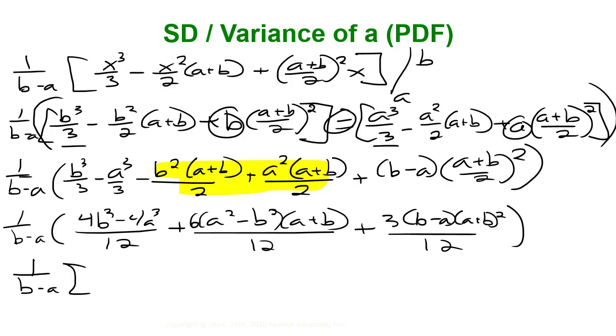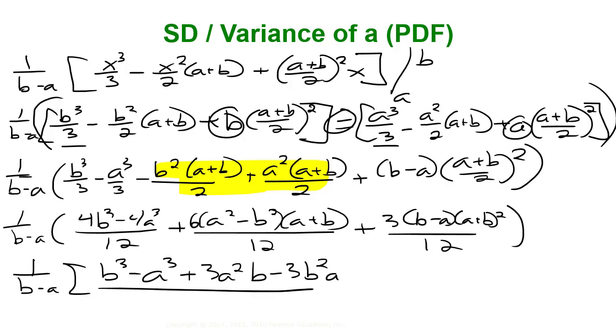And like I said, you can do it yourself and double check your work. You're going to get b cubed minus a cubed plus 3a squared b minus 3b squared a all over 12.